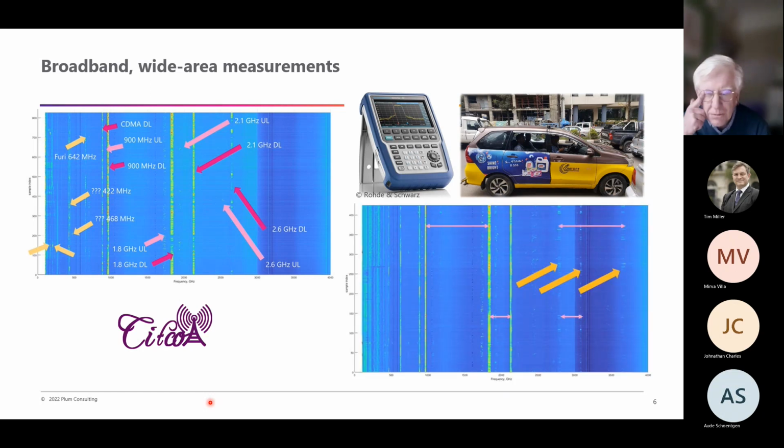There are also other issues with this sort of monitoring. It's careful not to take things at face value and just to use equipment on the default settings. The plot on the right here shows examples of some spurious signals that were seen in the higher spectrum indicated by the arrows. And you might think that there's a lot of illicit spectrum use going on at 2 or 3 gigahertz. That's not the case.